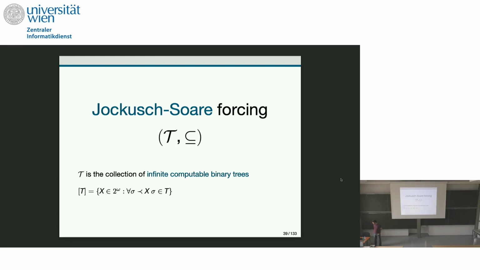We are going to work with Jockusch-Soare forcing, where the partial order is the collection of all infinite computable binary trees, ordered by inclusion, so you are more precise if you are a subtree of the other tree. The denotation of a tree is the collection of all infinite paths through the tree. The goal of Jockusch-Soare forcing is to compute paths through trees.